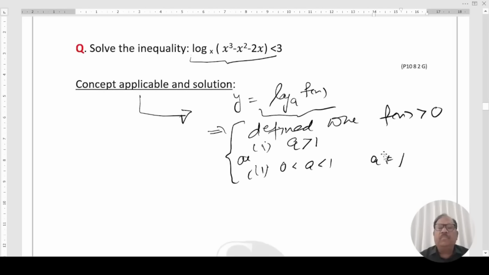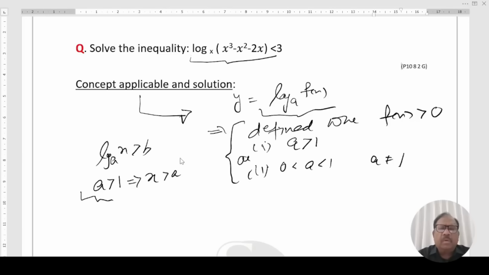And also, if log base a of x is greater than b: if a is greater than 1, x will be greater than a to the power b.